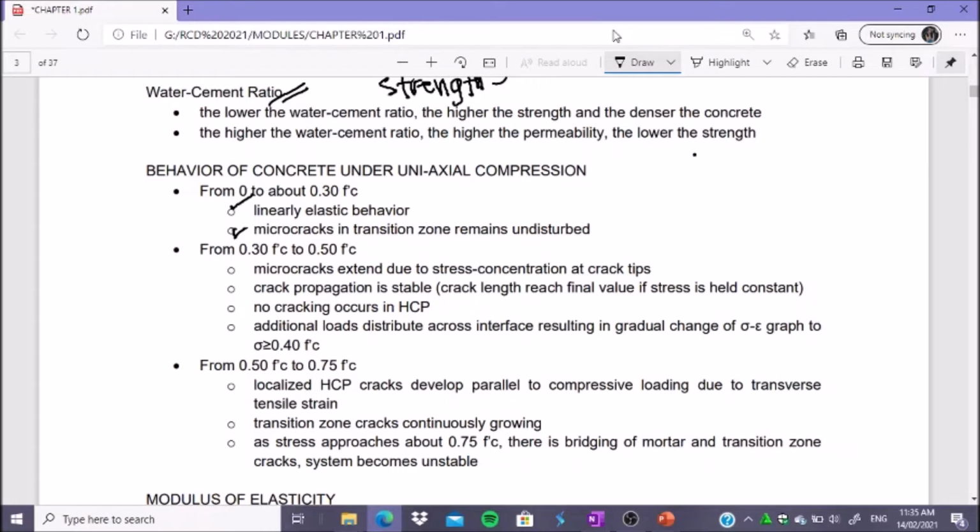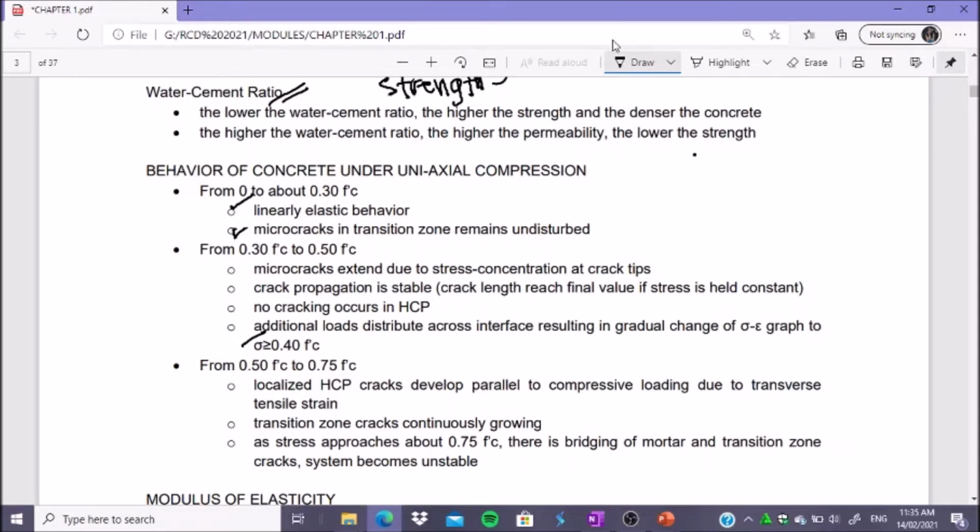From 0.30 to 0.50, micro cracks extend due to stress concentration at crack tips, and crack propagation is stable. No cracking occurs in the hydrated cement paste, and additional load is distributed across the interface, with a gradual change in the stress-strain curve, wherein sigma is greater than or equal to 0.40 of f'c.